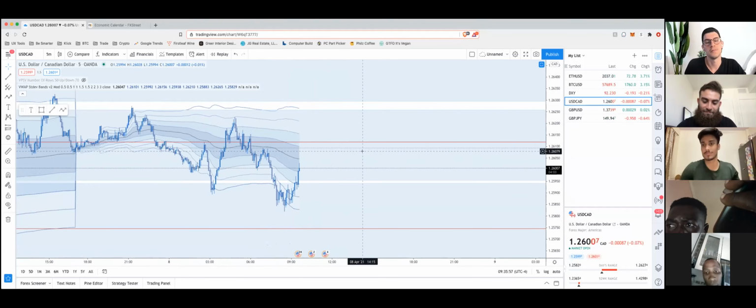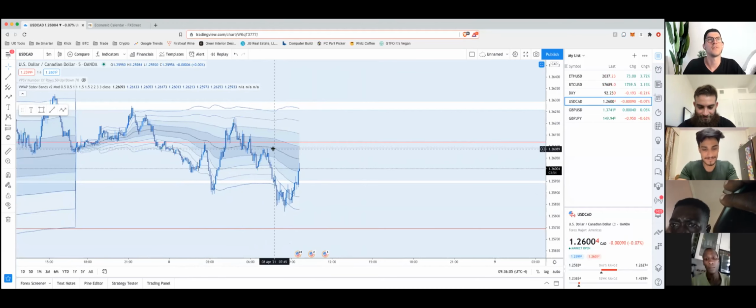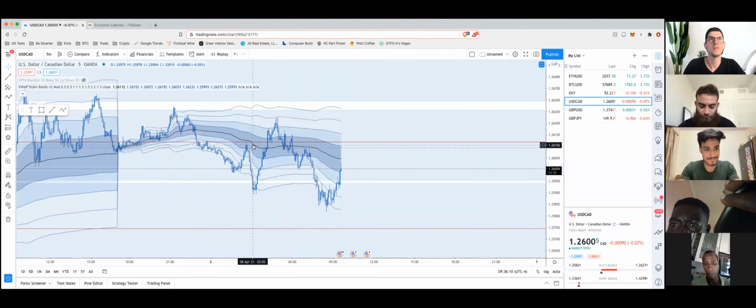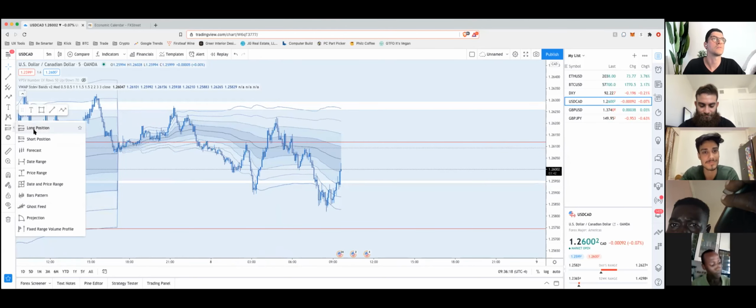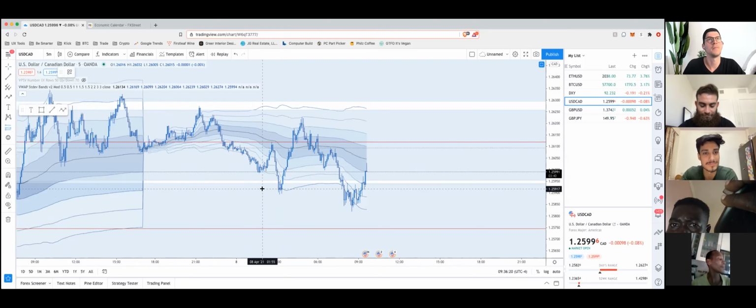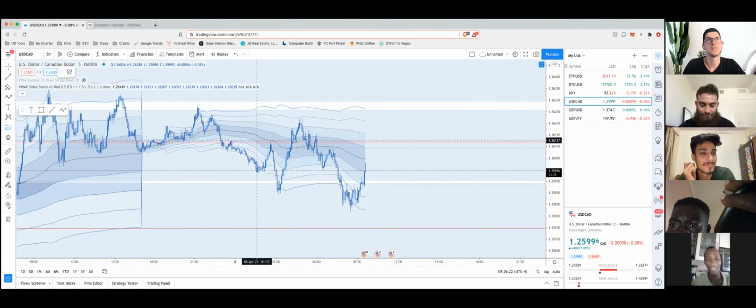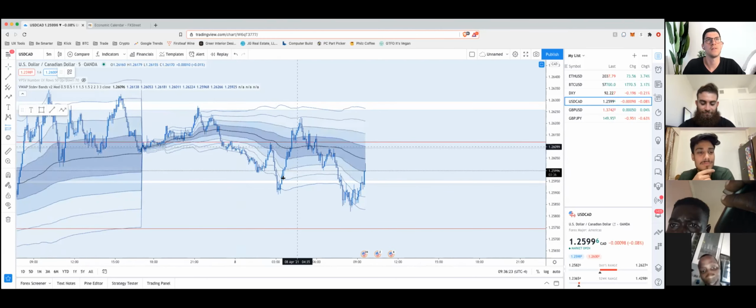And the other scenario is when price is ranging, or what we call balanced, and that's when your VWAP is going to be flat, sort of how it started here earlier in the day. So when the VWAP is flat and price is on the outer edge of these deviated bands, we'll long or short here. So let's say we're trading this session, we see the VWAP was flattened out.